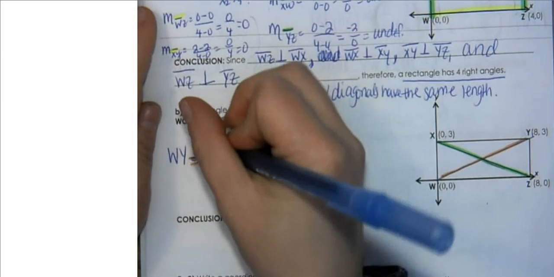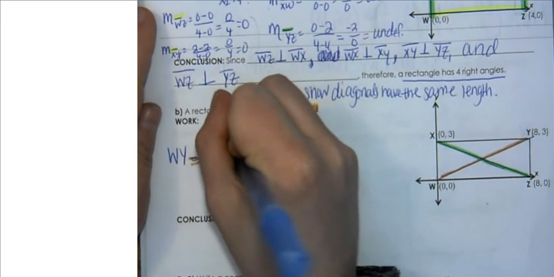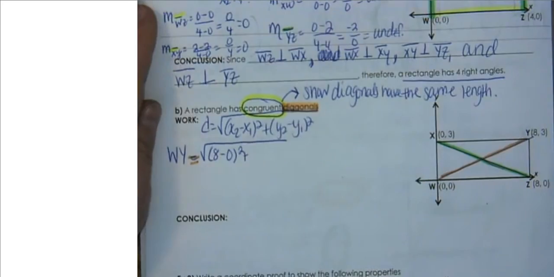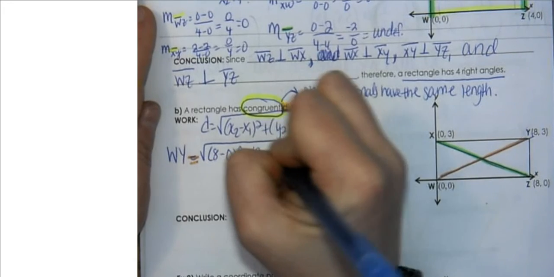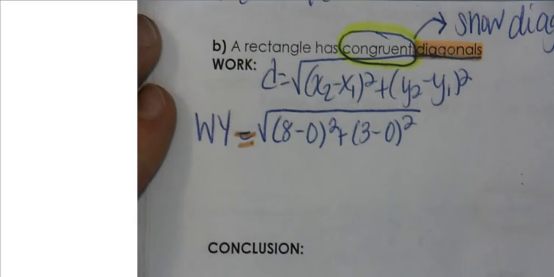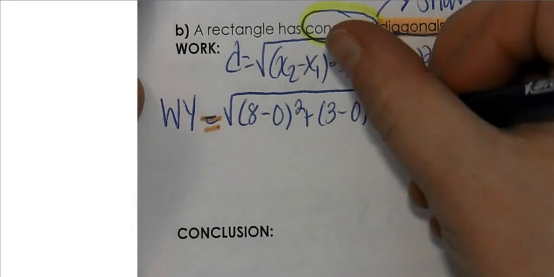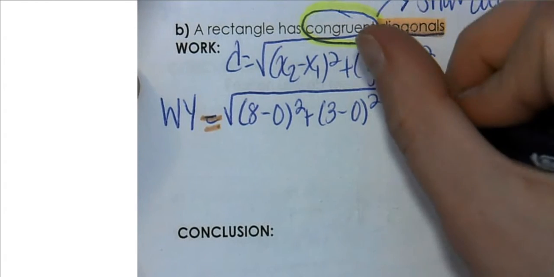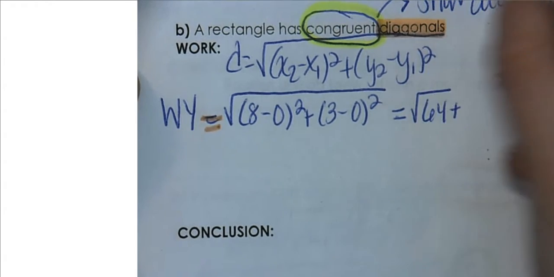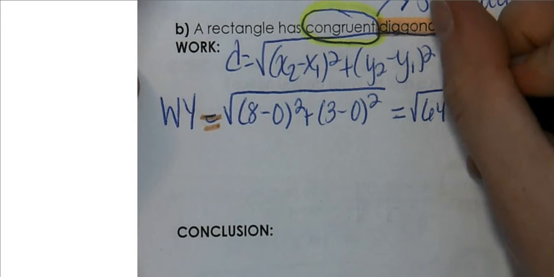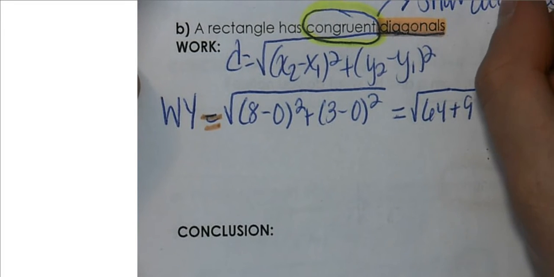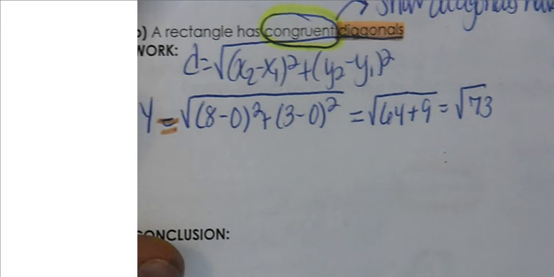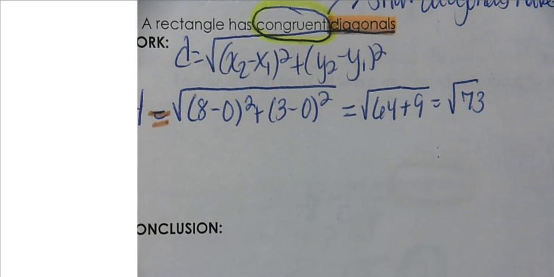So that's X2, which is 8, minus X1, which is 0, squared, plus Y2, which is 3, minus Y1, which is 0, squared. So 8 minus 0 is 8. 8 squared is 64, plus 3 squared, which is 9. 64 plus 9 is equal to 73. 73 doesn't have any perfect square factors, so we're just going to stop right there at the square root of 73.